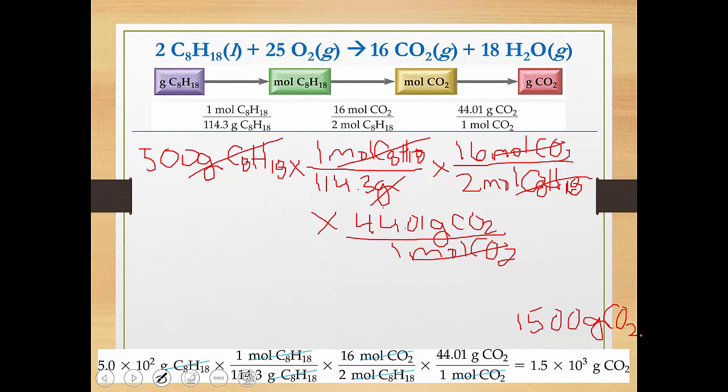Because if you look at the molar masses, the octane is much more massive than the CO2. So if you think about it in those terms, it makes sense that it would only be 3 times the mass of CO2 because it's a lighter molecule. It's 8 times the number of moles, but only 3 times the mass. Okay, so it's good to stop and look at your answers and think about, do these make sense? Do they match with what you know? But that's a lot of carbon dioxide.